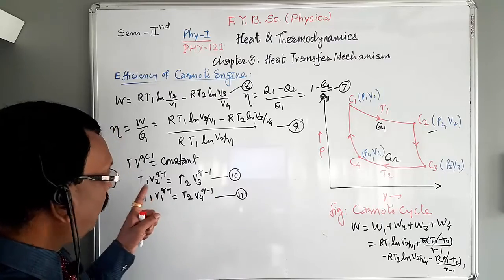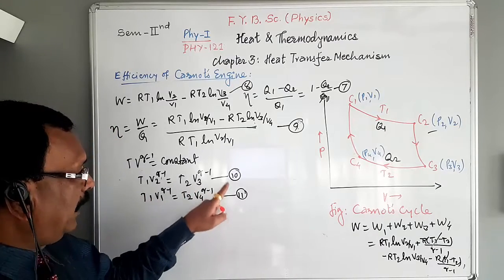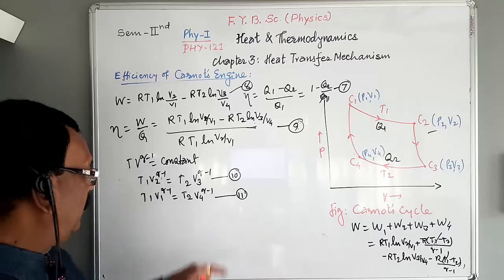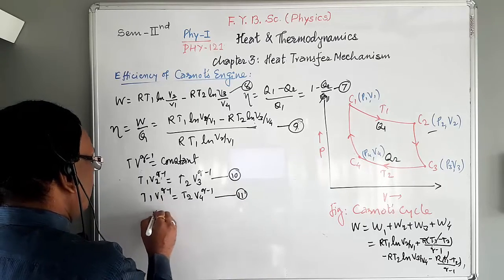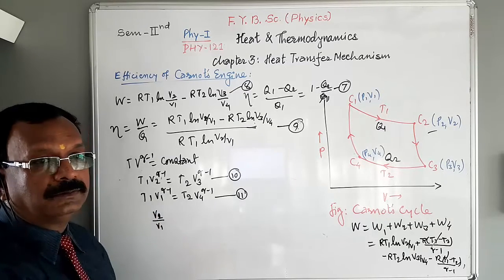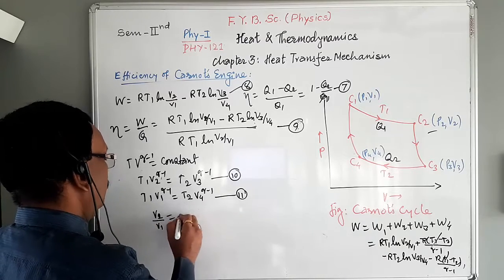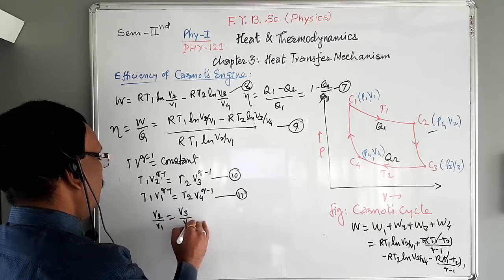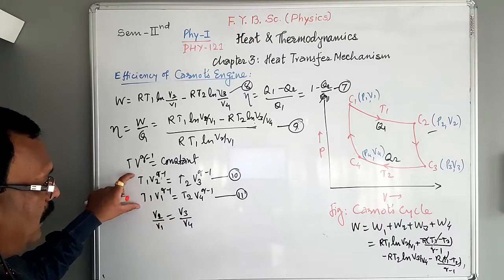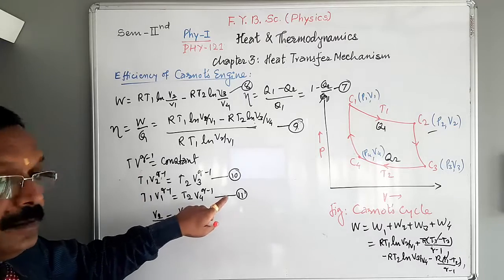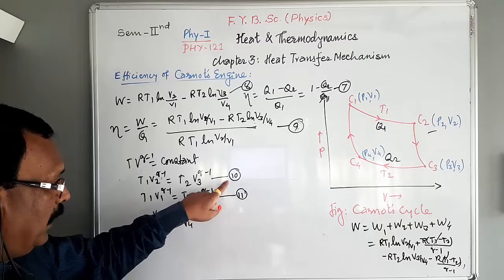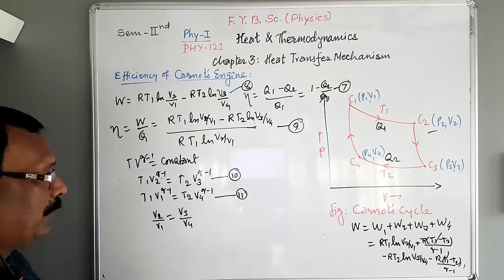Now when we divide equation 10 by 11, we have V2 upon V1 is equal to V3 upon V4. We get this equation from these two.